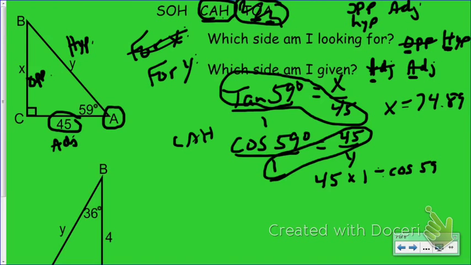So it's going to end up being 45 divided by cosine on my calculator, 59 equals 87.37. So y equals 87.37. So there are my answers. Okay, so let's try this again with the next example.